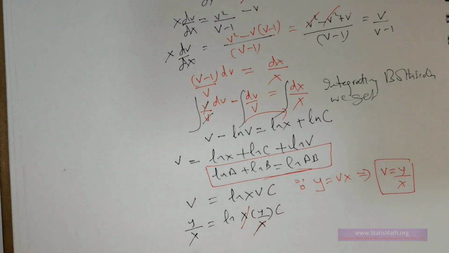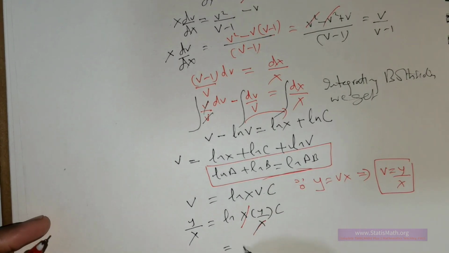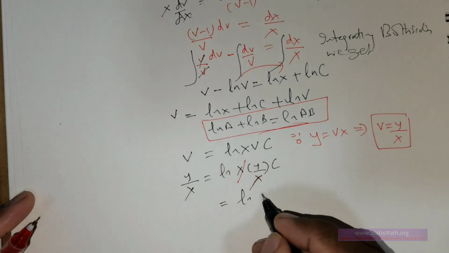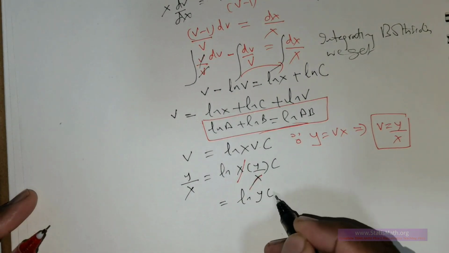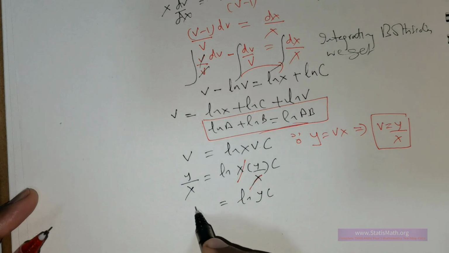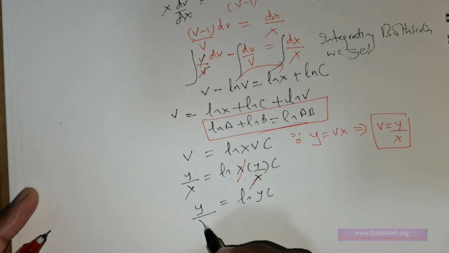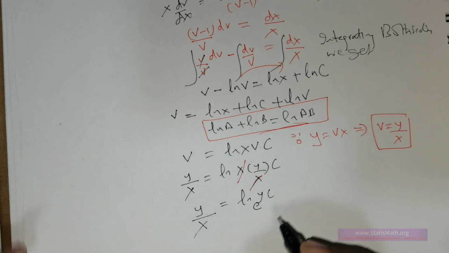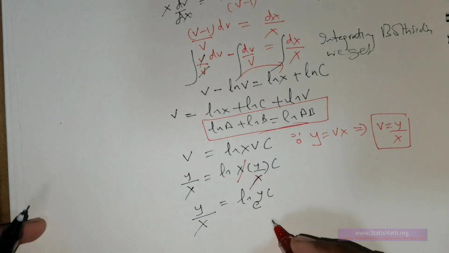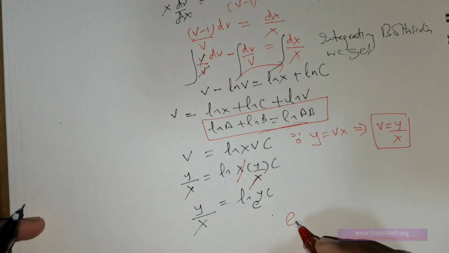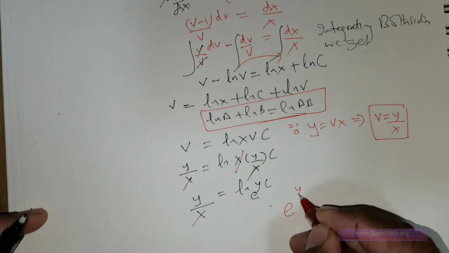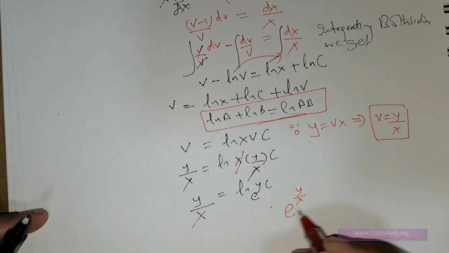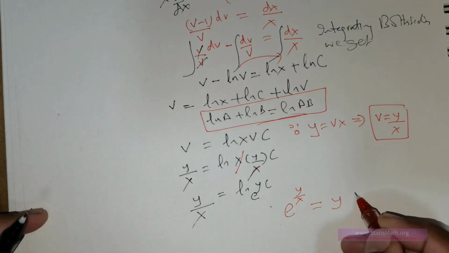This x that you see here can be cancelled, giving me ln of y times c equal to y over x. Now this is to the base e. I can rewrite this as e raised to the power y over x equal to y times c.